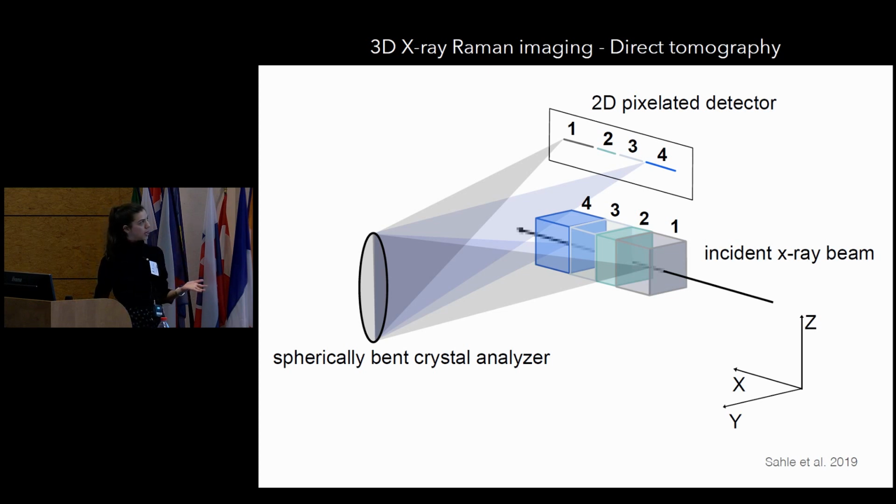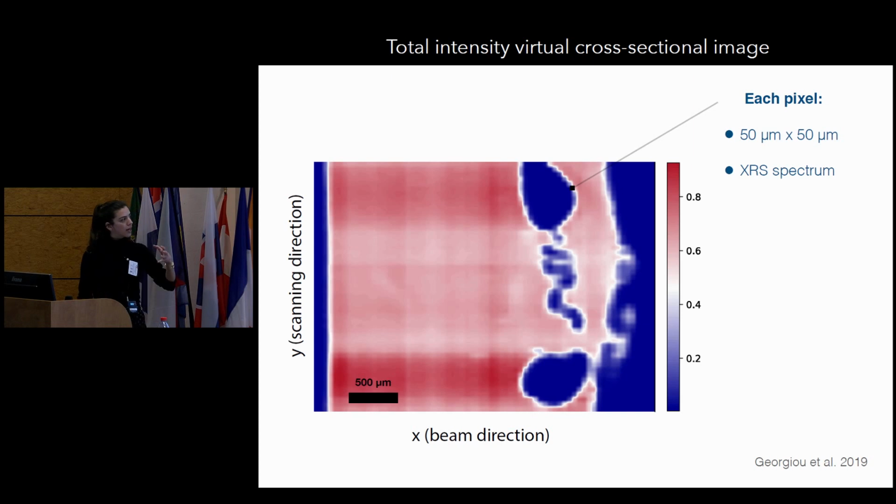In this way, by scanning along the sample, we can collect these virtual cross-sectional images along the beam direction. Here, each pixel is 50 micrometers by 50 micrometers, and we collected a hyperspectral image, that means one XRS spectrum per pixel.